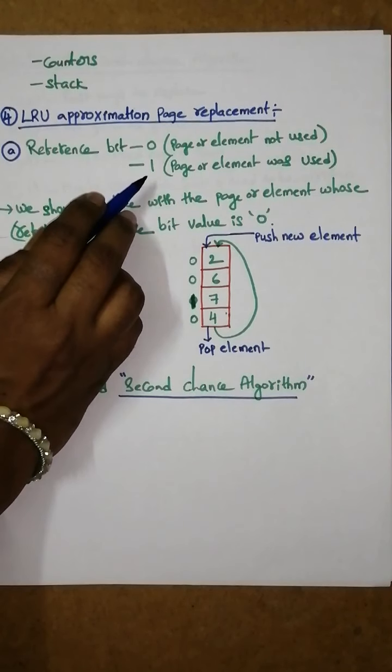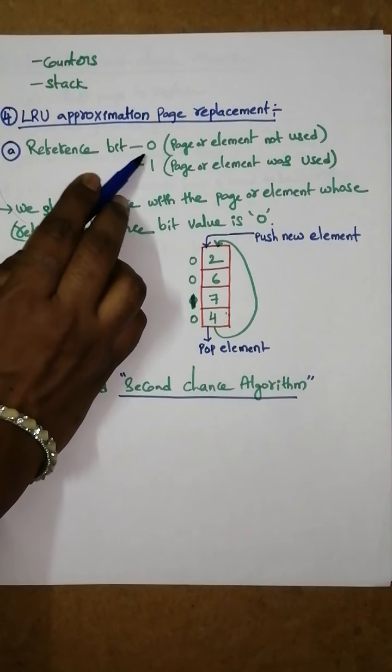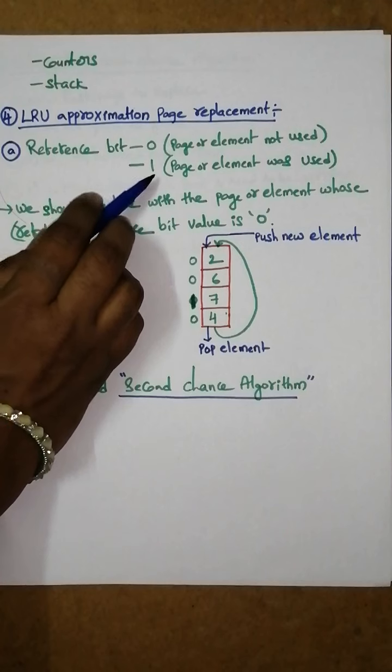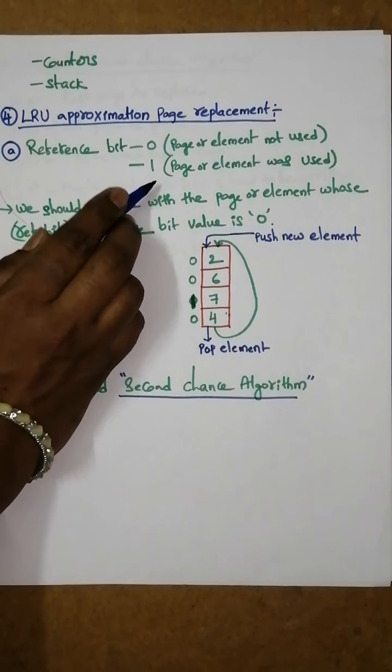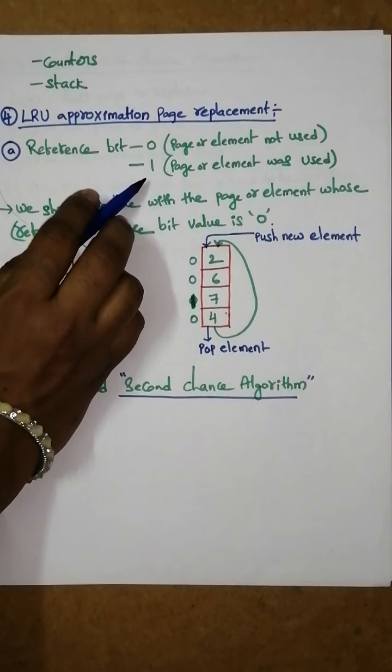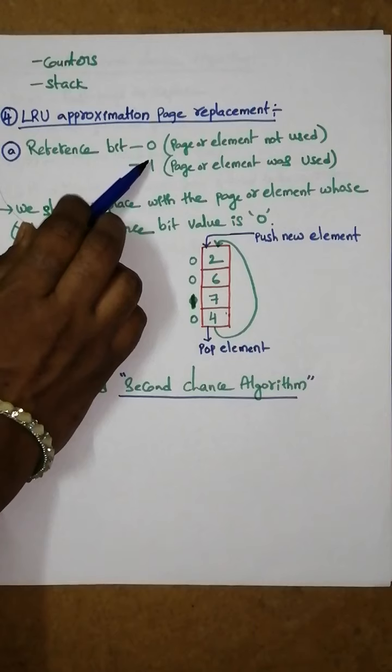Now when we are replacing a page, you should replace a page which is never used, whose value is 0. So don't touch the page whose value is 1. Imagine that if all the page values are 1, then you have to take first in first out. But if you have zeros and ones, you have to take out the one which has 0 first.